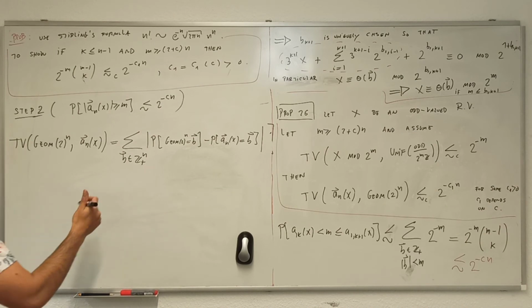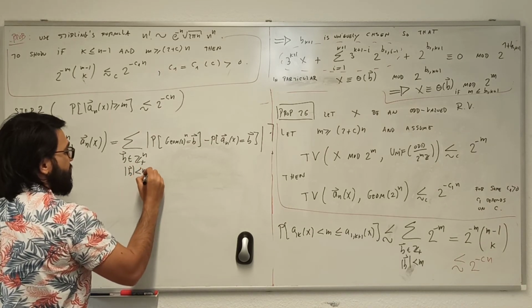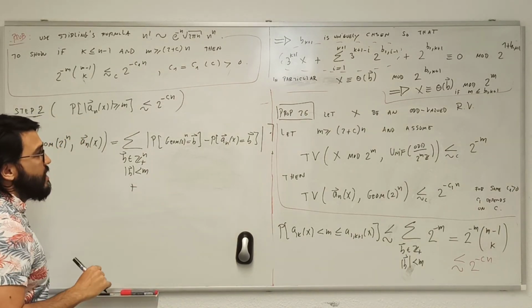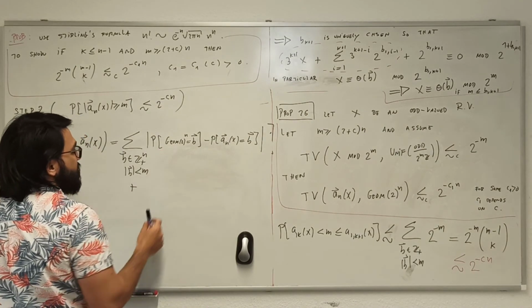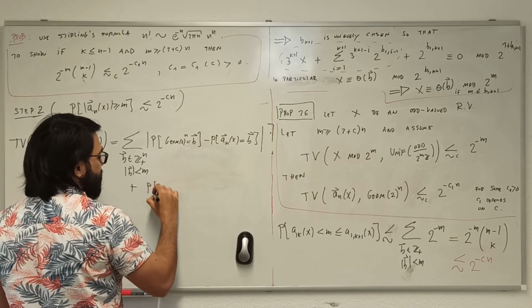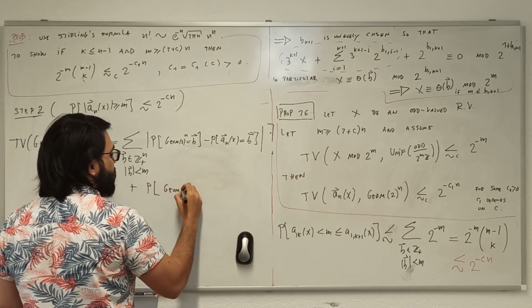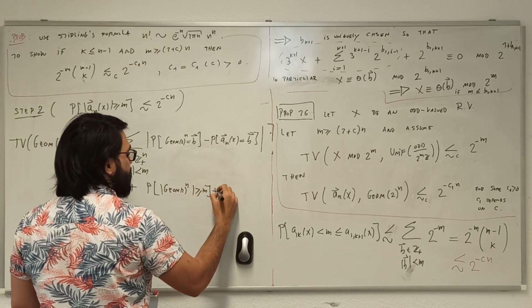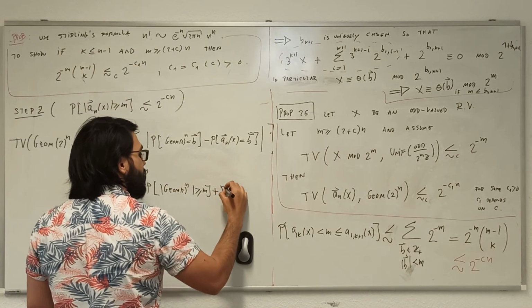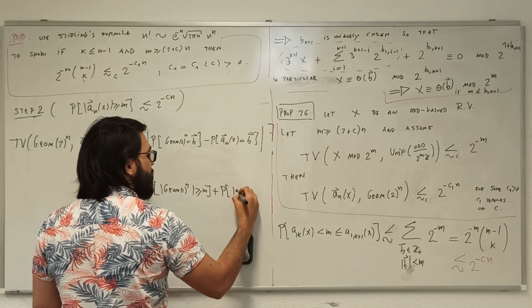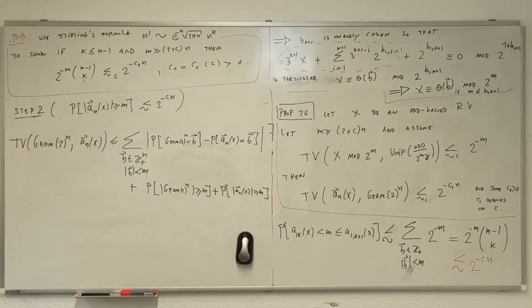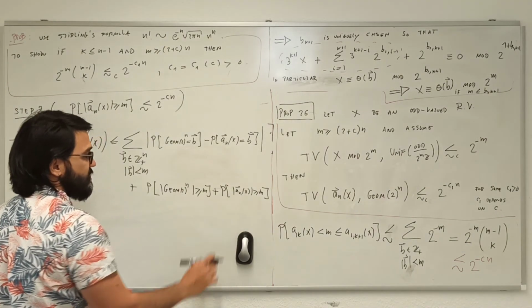Then I separate in two cases, the ones which are less than m plus the ones which are bigger or equal than m. For those, I use the triangle inequality in these two terms, then I add up. This will be exactly equal to the probability of Geom_2(n) being greater or equal than m, plus a term lesser or equal to the probability of A_n(x) being greater or equal than m. Okay, which are just estimated.